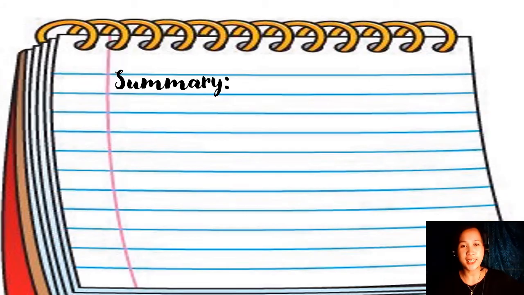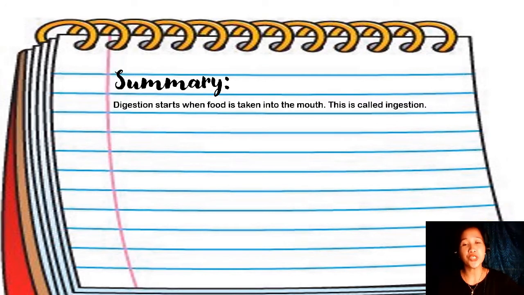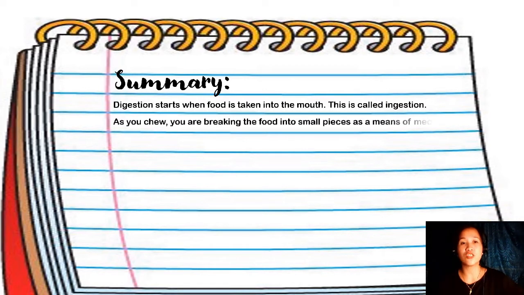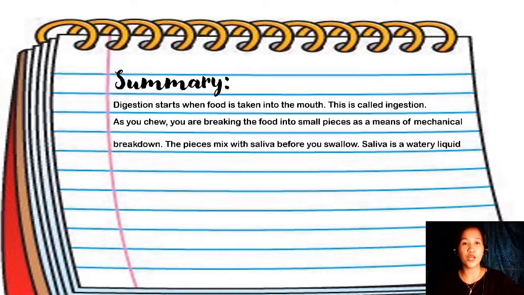Okay, so let us summarize first. Digestion starts when food is taken into the mouth, and this is called ingestion. And as you chew, you are breaking the food into small pieces as a means of mechanical breakdown. And the pieces mix with saliva before you swallow.